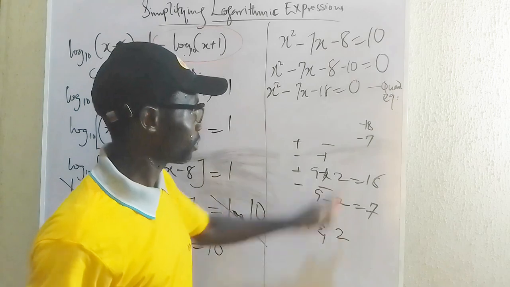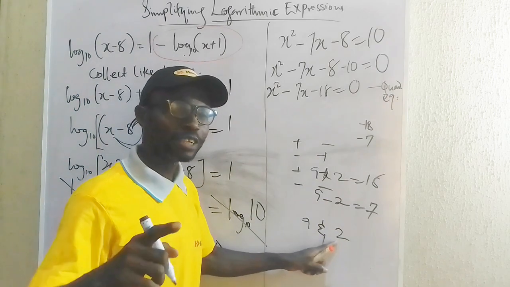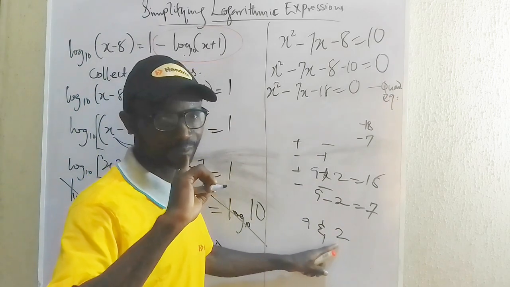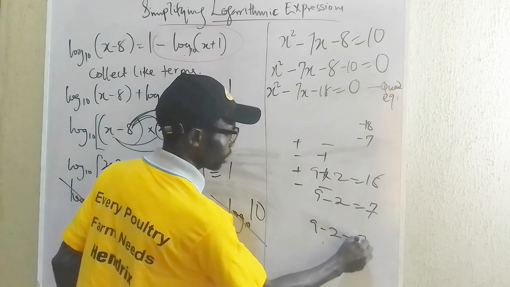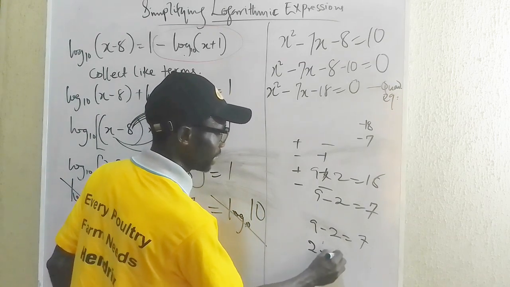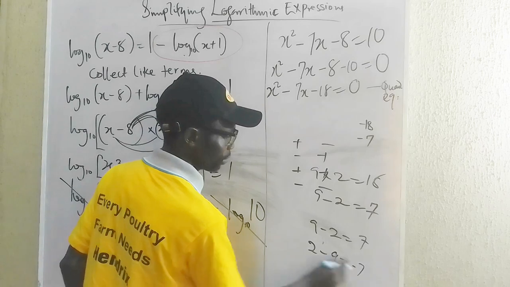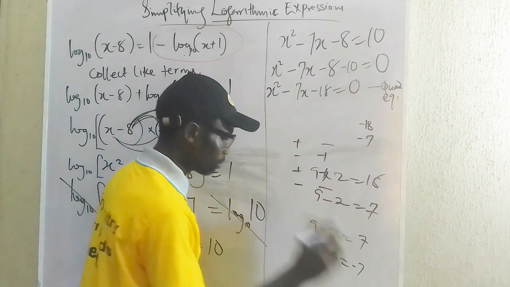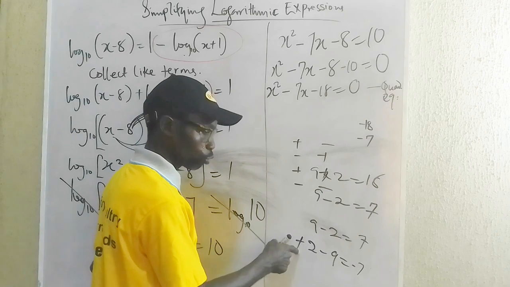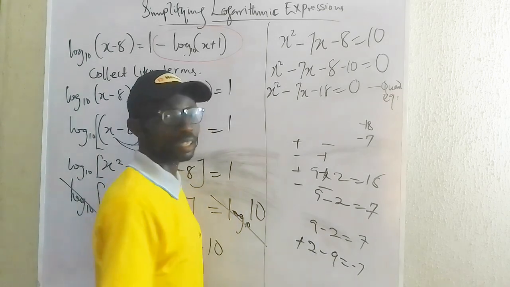If it's going to be minus 7, that means the smaller number is subtracted from the big one. 9 minus 2 will give you 7, but 2 minus 9 will give you what? Minus 7. So it's going to be 2 minus 9. So that means this is likely going to be a plus 2 minus 9.